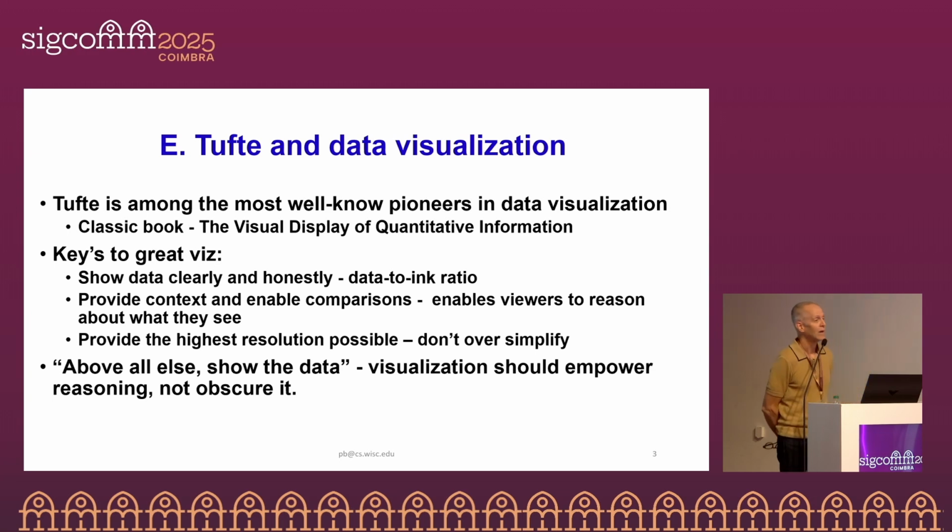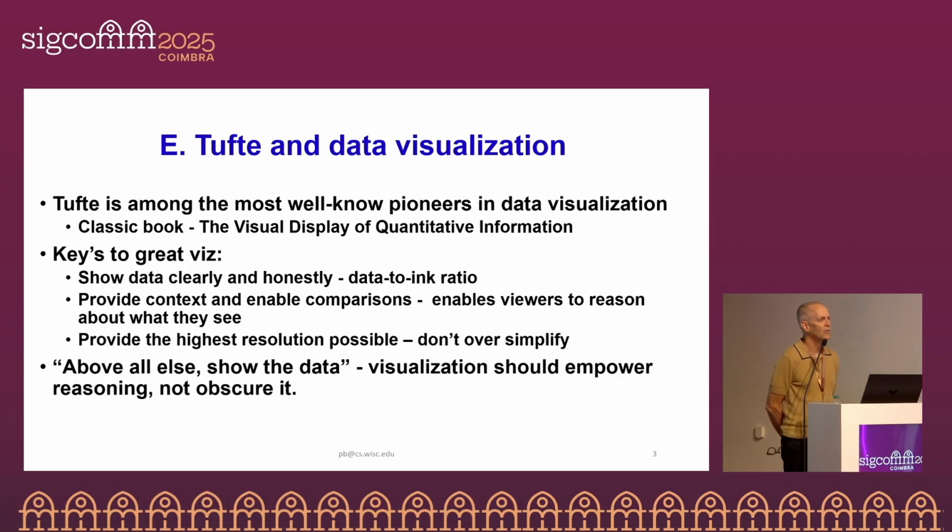It's a book among only a very few that I actually keep on my desk, because it lays out a set of ideas about capturing data in ways that are compelling. Of course, he has Minard's visualization sort of front and center in that book.